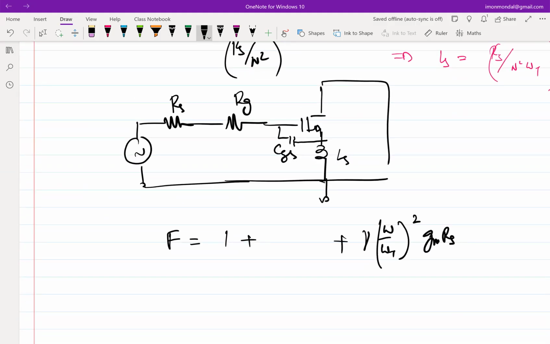What will that additional term be? Can you quickly tell me? Basically, this RG will contribute an additional term in the noise factor. What will that be? If RG was equal to RS, what would that extra noise be?